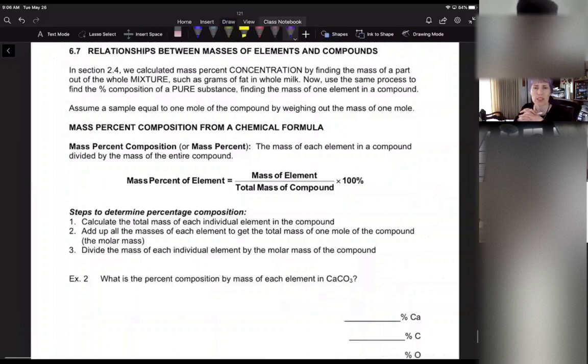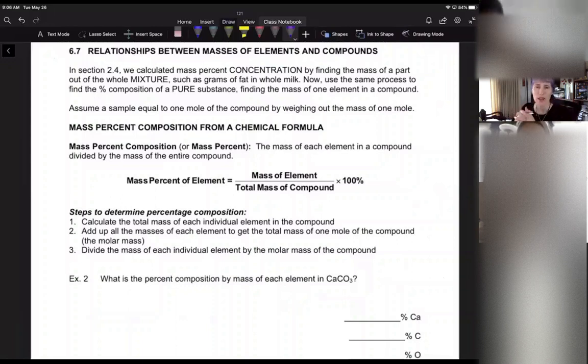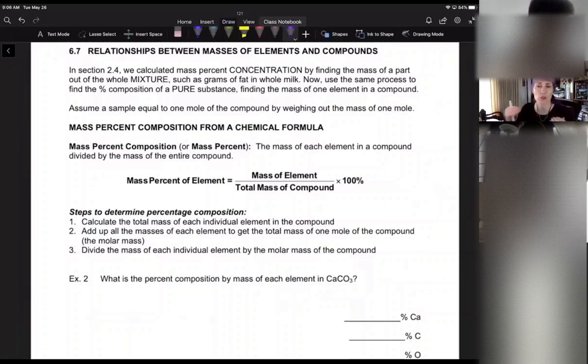So earlier we looked at a mass percent concentration has a different unit and label. So that is percent of one component of a mixture over 100 grams total. So maybe I'll just write that out here.